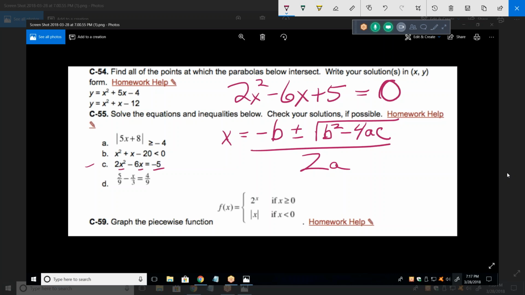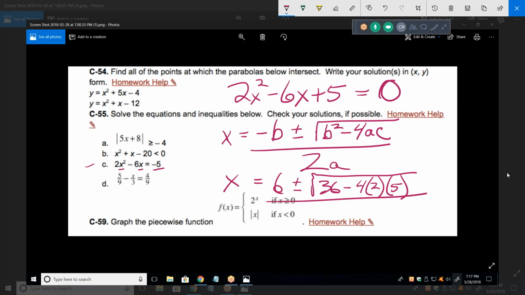All right, so let's plug it in. What's minus b? Negative b is 6, so x is 6 plus or minus the square root of negative 6 squared, which is 36, minus 4 times 2 times 5.